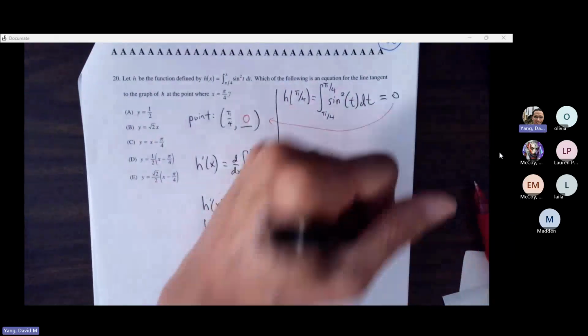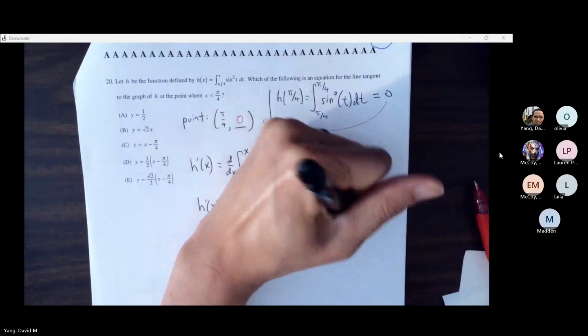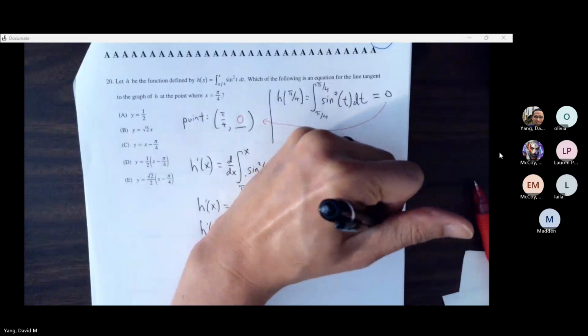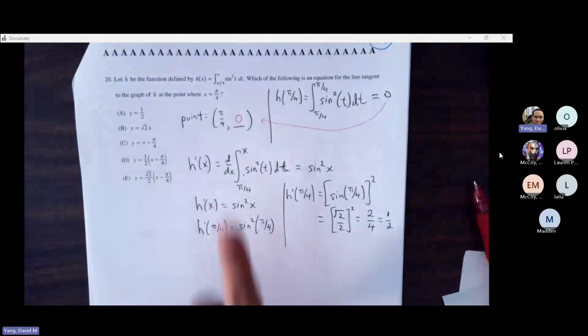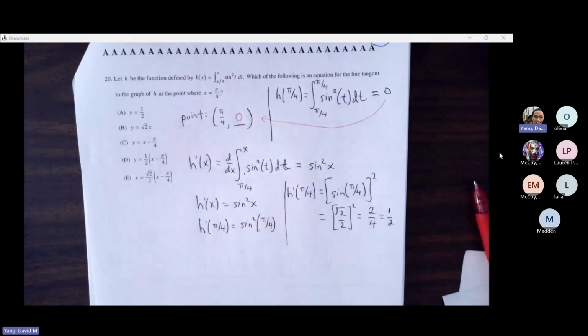We know sine of pi over 4 is just root 2 over 2. We have our ordered pair, we have our slope. Put it all together, point slope form.